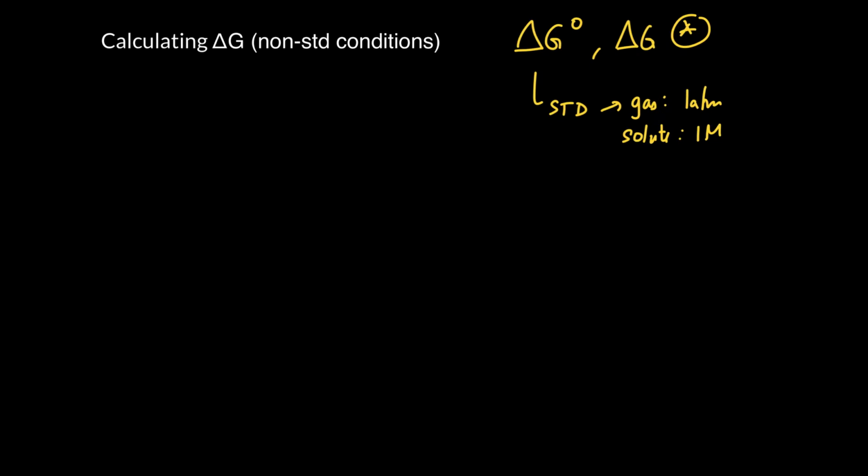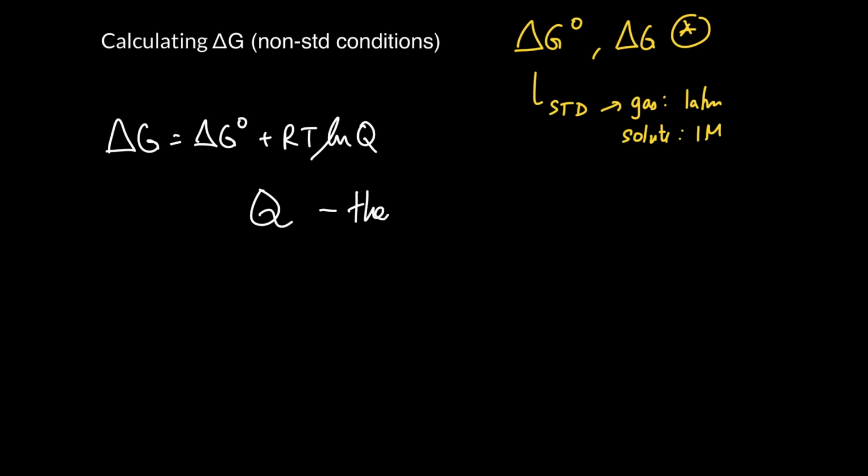And the equation we saw last time was delta G is delta G standard plus RT times the natural log of Q, where we said Q was the reaction quotient. Now, Q technically is a thermodynamic reaction quotient. And it's kind of interesting, actually. How do you know you've got a thermodynamic one?